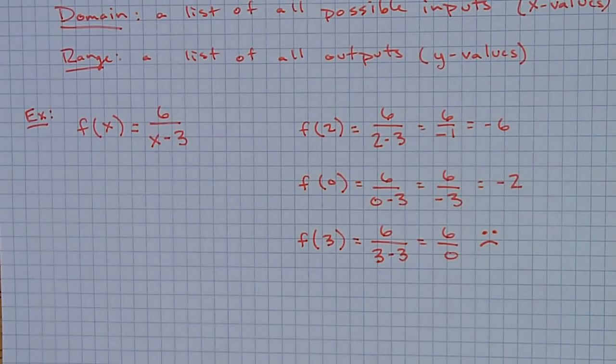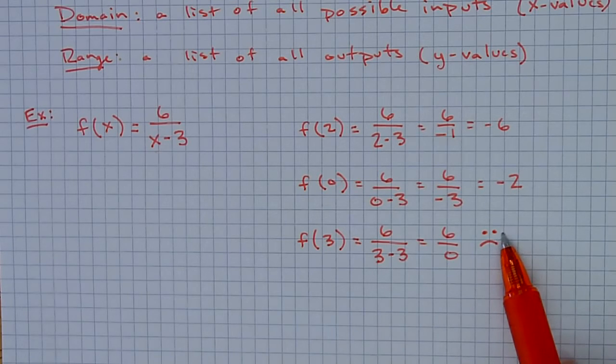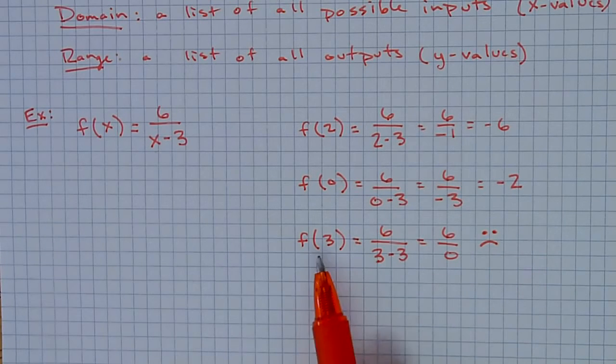If I plug in 3, I get 6 divided by 3 minus 3, which then gives me 6 divided by 0, which is undefined. Okay, so I do not get an output. So what that means is 3 is not a part of the domain.